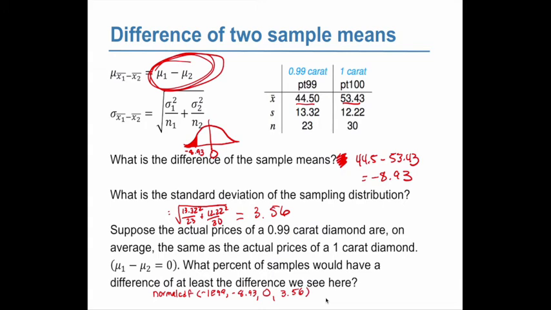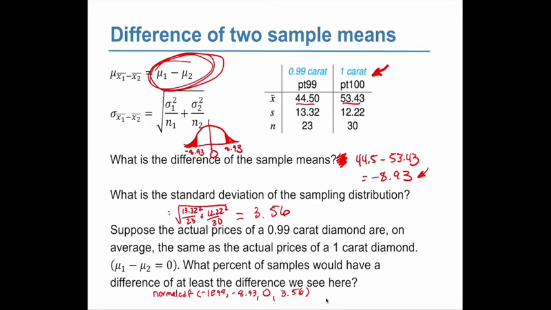However, it does say a difference of at least the difference we see. It doesn't say that the 1 carat diamonds are bigger by this much. So we also want to check the other tail, a difference of 8.93 in the other direction.